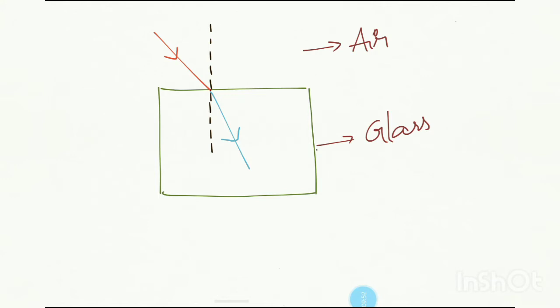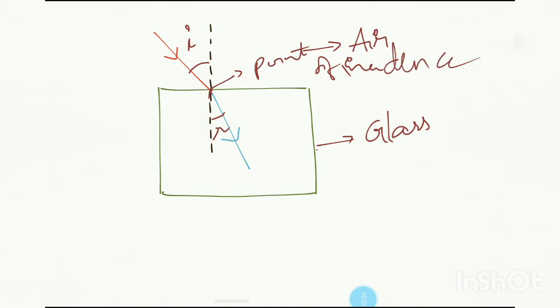This is the angle of incidence and this is the angle of refraction. You need to know this, very important thing. Also this point is the point of incidence. I hope you understood until here.